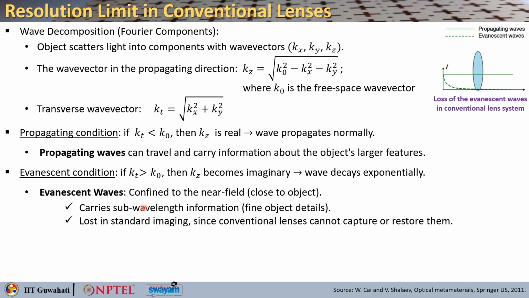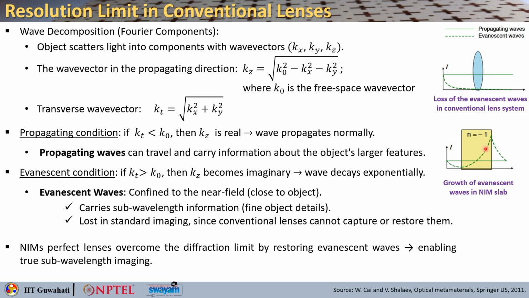Evanescent waves are confined to the near field, or you can say very close to the object, and they carry sub wavelength information, that means very fine details of the object, and typically they are lost in standard imaging, since conventional lenses are unable to capture or restore these waves.